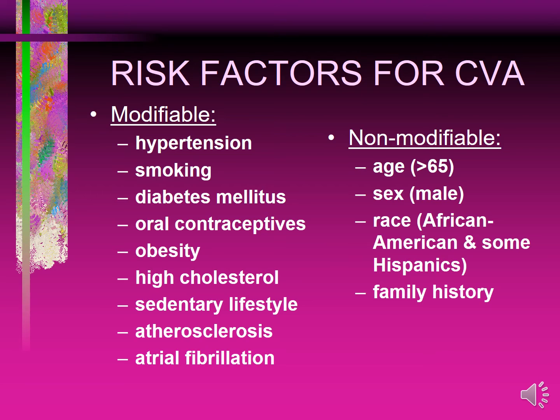The modifiable risk factors, and there's many, many things patients can do to reduce their risk: hypertension, smoking, diabetes, oral contraceptives, obesity, high cholesterol, a sedentary lifestyle, knowing that you have atherosclerosis, and atrial fibrillation all contribute to the development of cerebrovascular accidents.